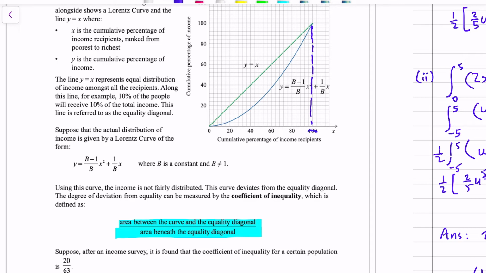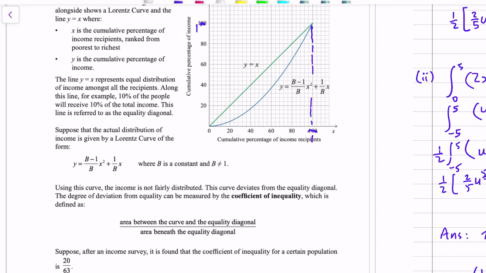That's 1, and that's 1, so the area below it is a half base times height, so a half. And the curve could do something like this, for example, and have a larger area. So the larger the numerator is, because the denominator is a constant, the higher the coefficient is. So we've got a more unequal society.